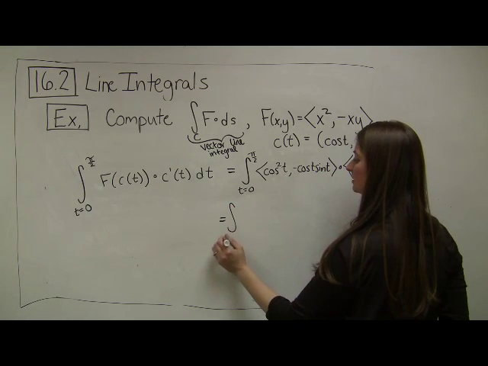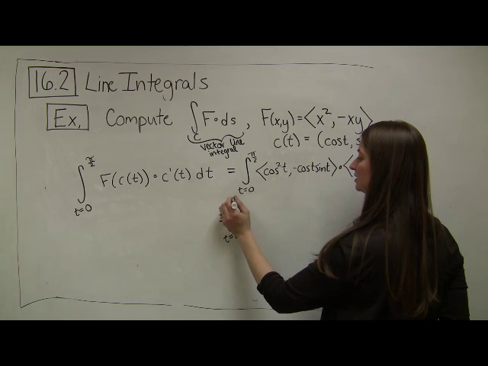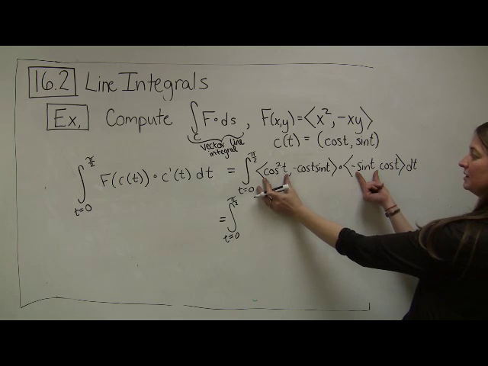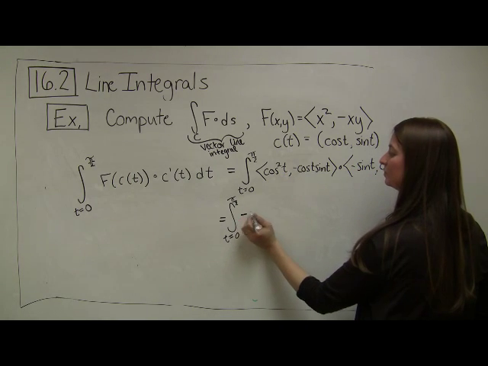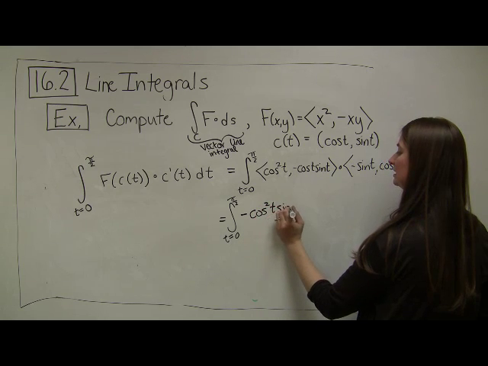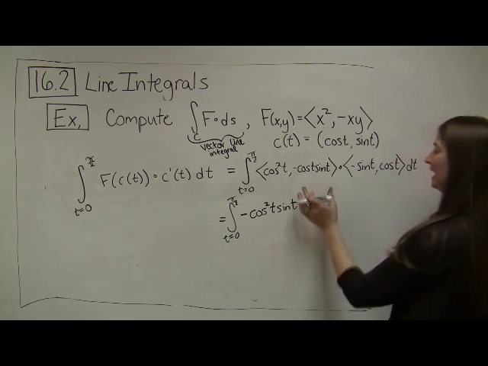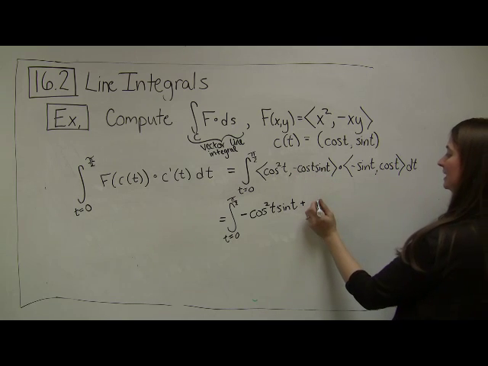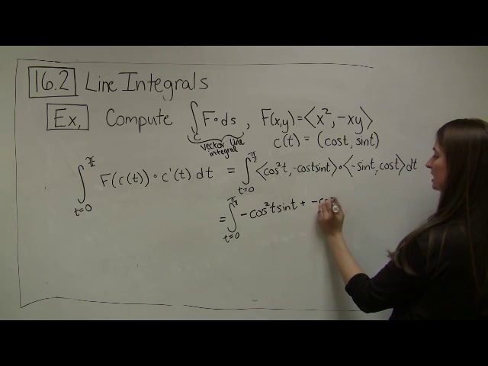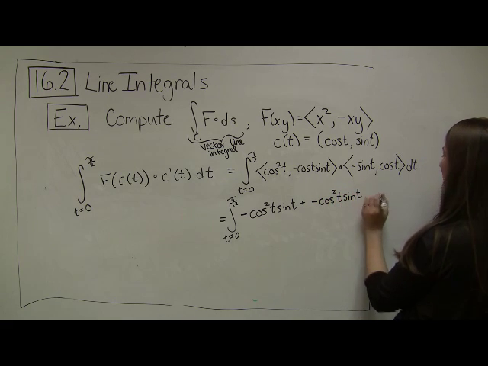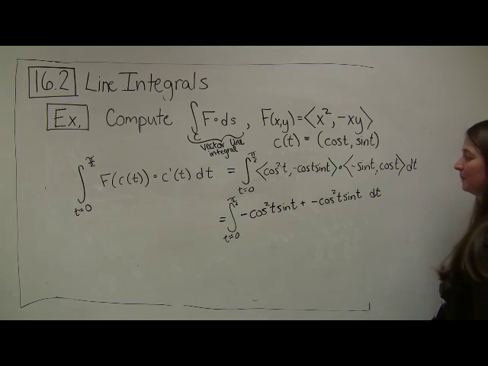So this integral ends up being the integral from t equals 0 to pi over 2. I'm going to take this x term and multiply it by this y term, and I end up with negative cosine squared t sine t. And then I'm going to add this term multiplied by this term, which ends up being negative cosine squared t sine t dt.